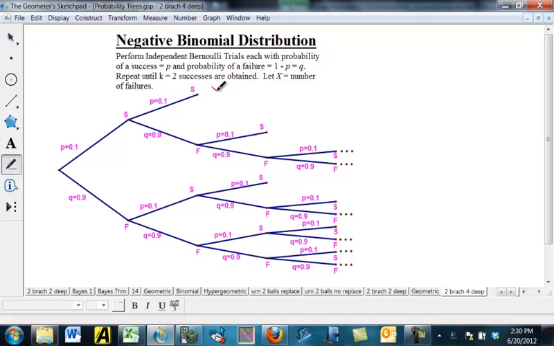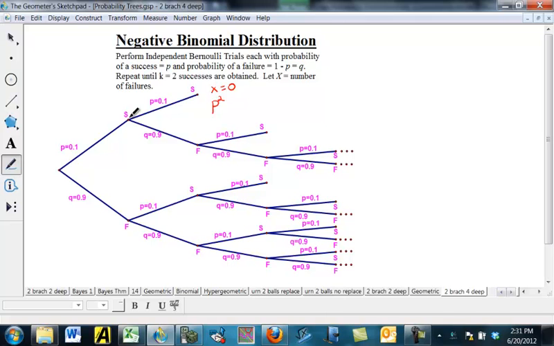First of all, that's going to be x equals 0 because there are 0 failures, and that's going to have a probability P squared. In this particular example I've got P equals 0.1, but P could be anything.